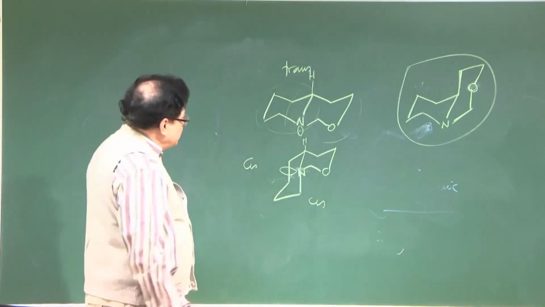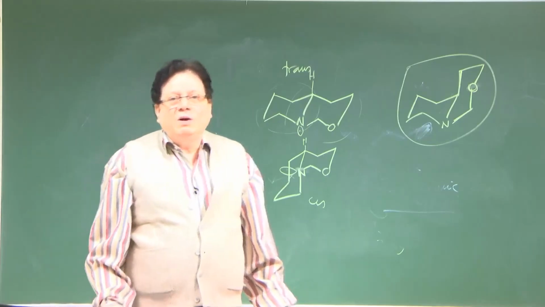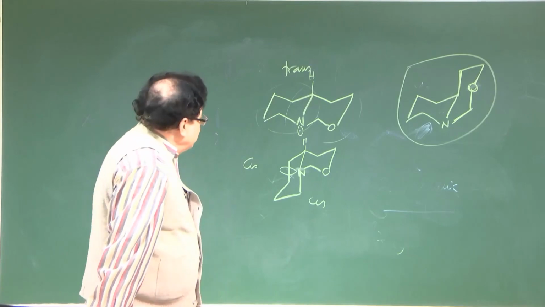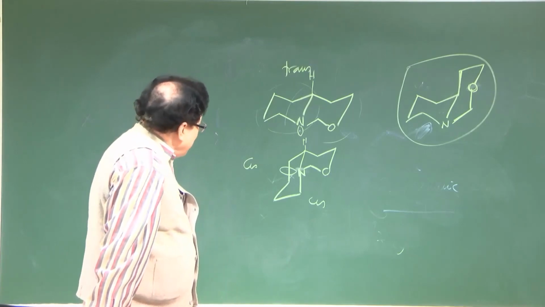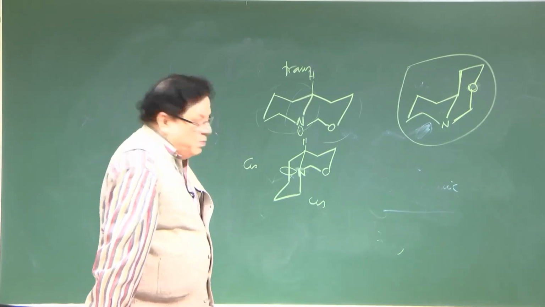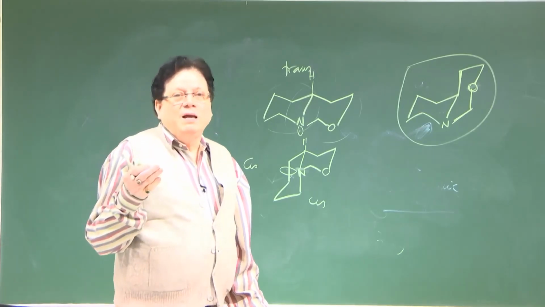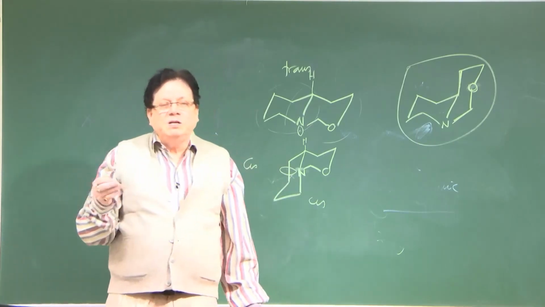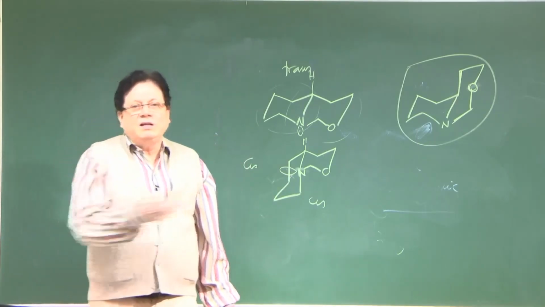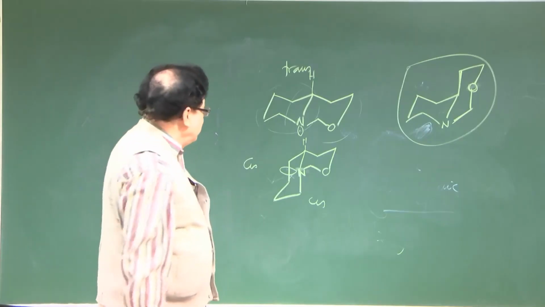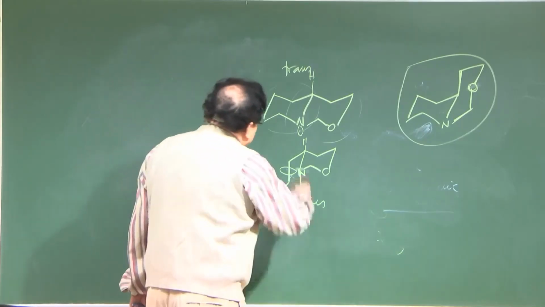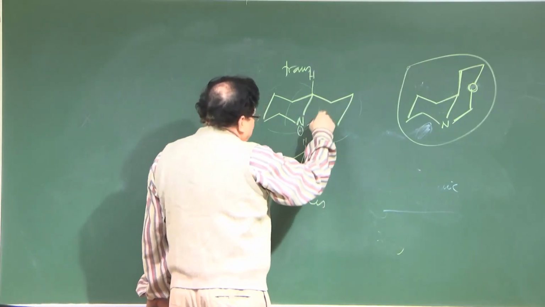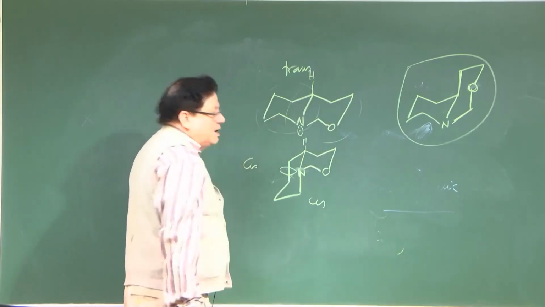Now, let us try to find out whether there is any anomeric effect present in these systems, and if it is present, how many there are. One more thing that comes to mind is that we started with the anomeric effect with a substituent at the anomeric carbon. Here there is no substituent as such. But you can think that one heterocycle can provide substituents to the other heterocycle.